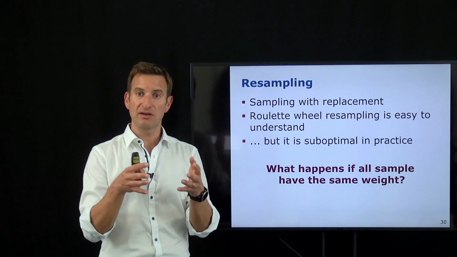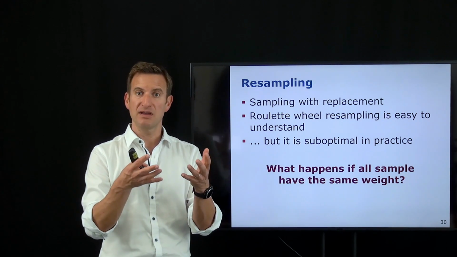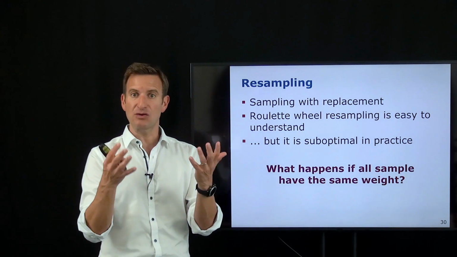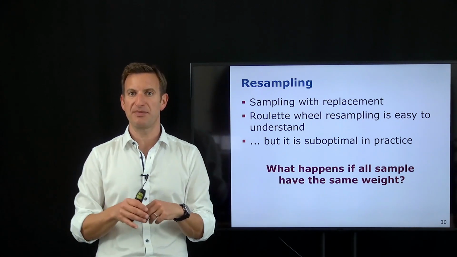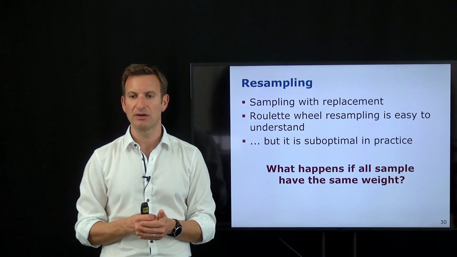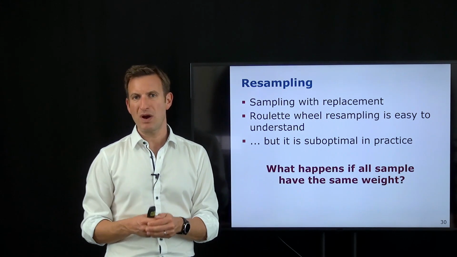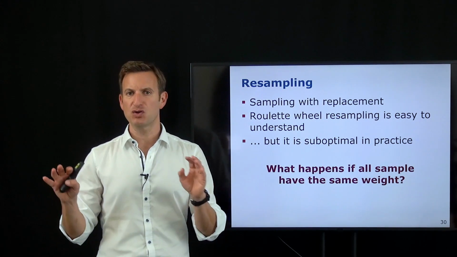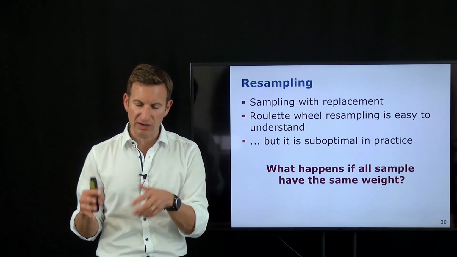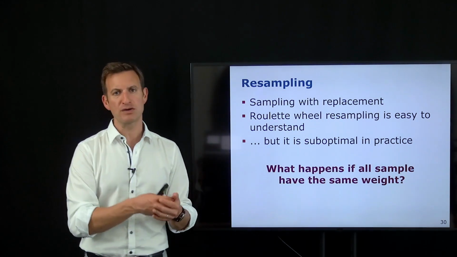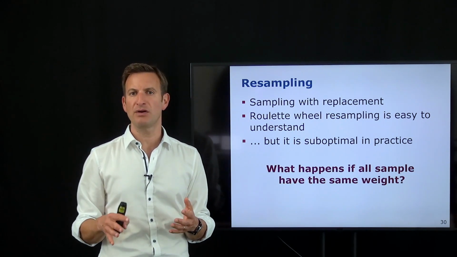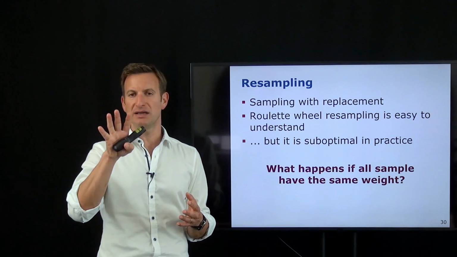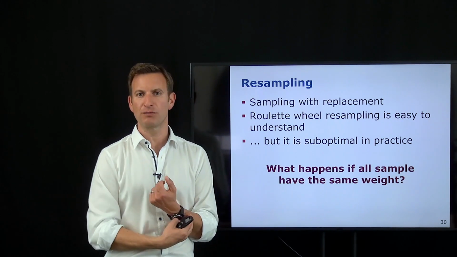So before I had one sample, for example, just duplicated, now drawing the sample is again increased in probability, so it will be drawn more often, and then we have 4 or 8 times this sample, and other samples will die out. If all particles have the same weight, it doesn't make sense to choose one particle over another. So in this situation, the stochastic universal resampling or low variance resampling will actually reproduce the same sample set over and over again.